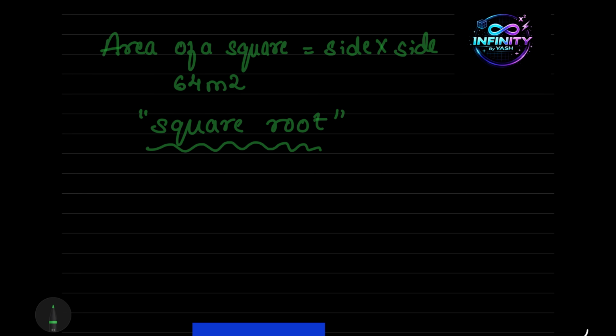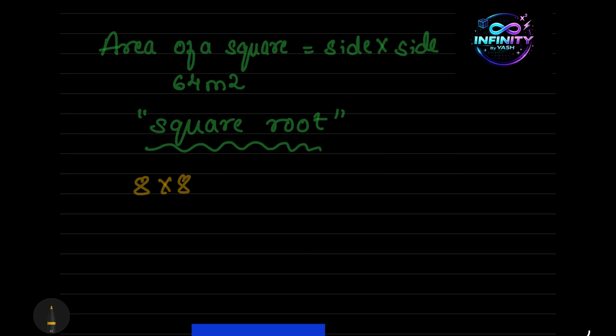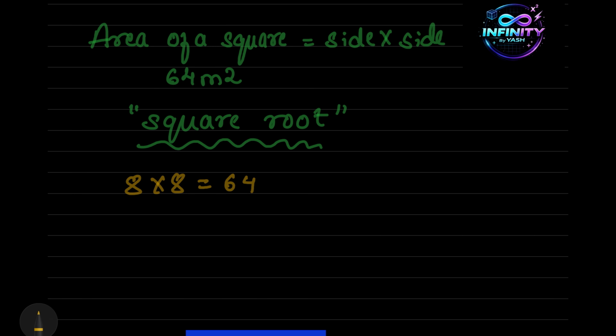Let's understand it with a simple question. What is 8 times 8? Exactly, 64. Now let me ask the reverse question. Which number when multiplied by itself gives 64? That's right. It is 8.